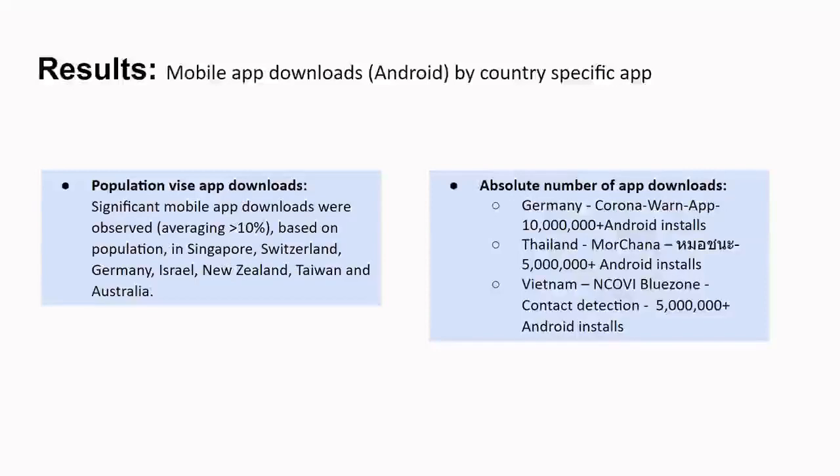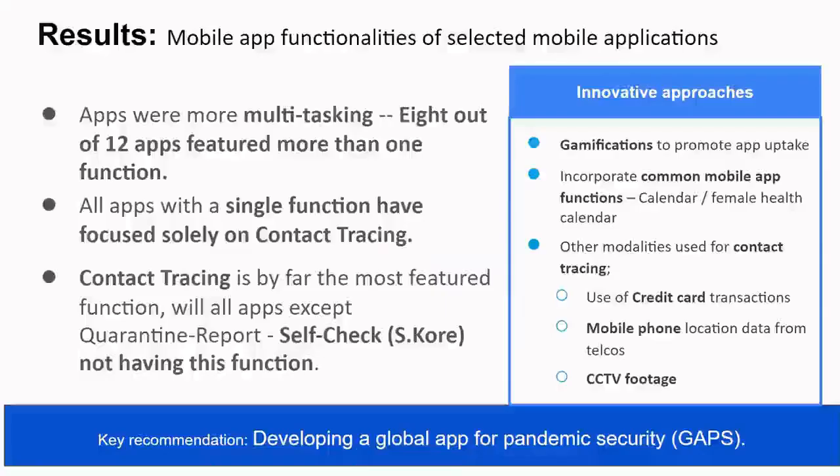Then we also tried to find out how many absolute downloads there were for each app. We found that Germany, Thailand, and Vietnam had significantly higher numbers of downloads, but nevertheless, only about 10% of the people were actually using the app.